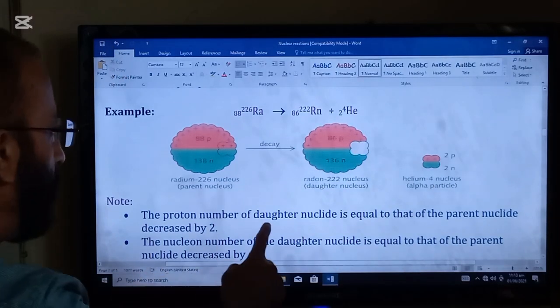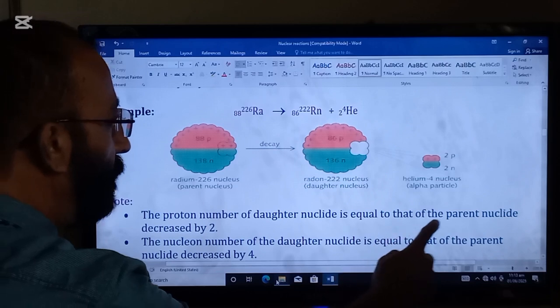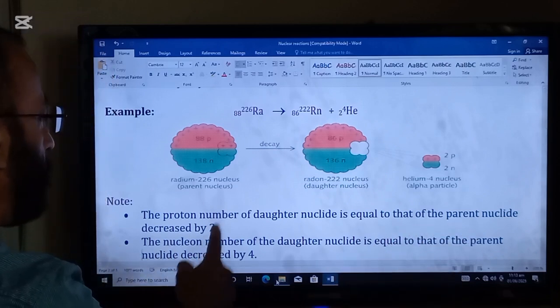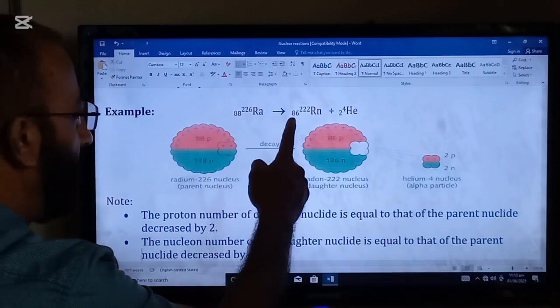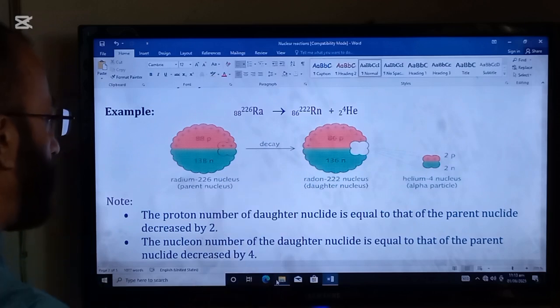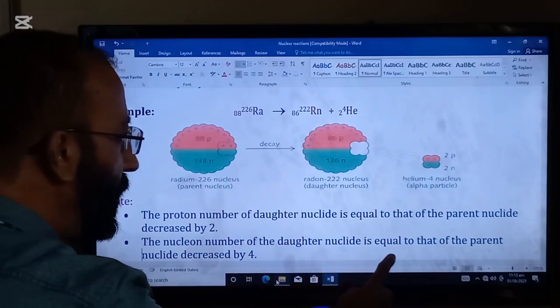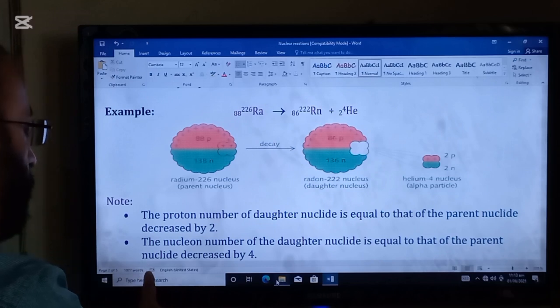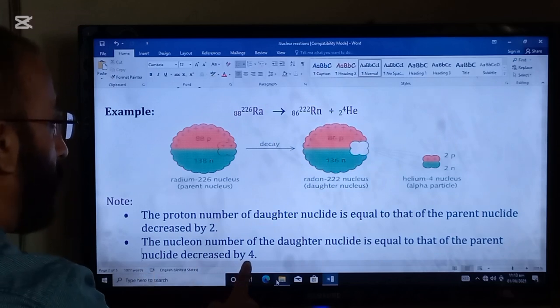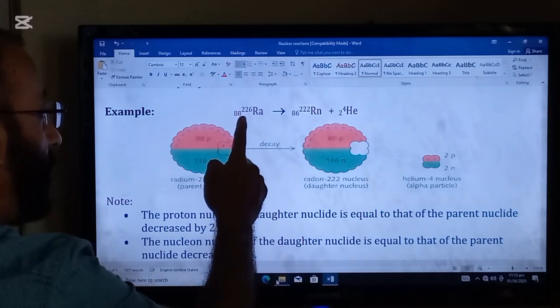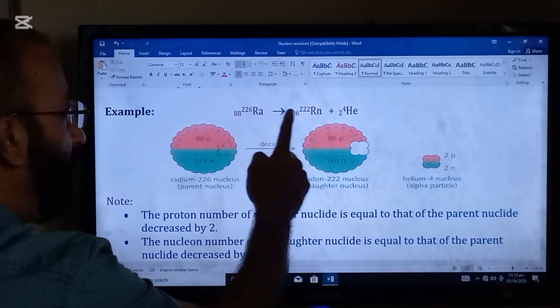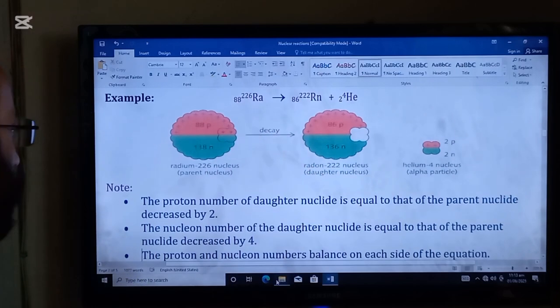The proton number of the daughter nuclide is equal to that of the parent nuclide decreased by 2. So if this is 88, this will be 86. The nucleon number of the daughter nuclide is equal to that of the parent nuclide decreased by 4. So if this is 226, decreased by 4 will become 222.